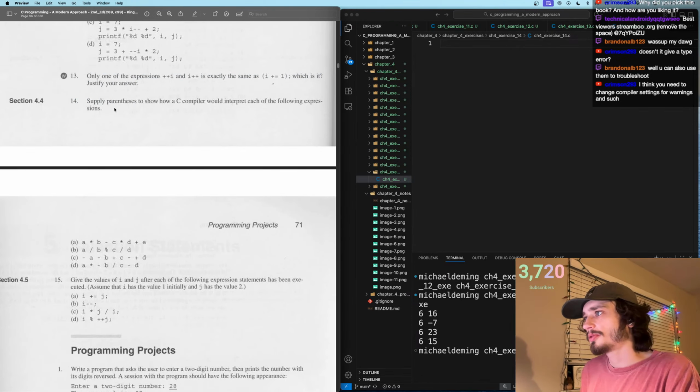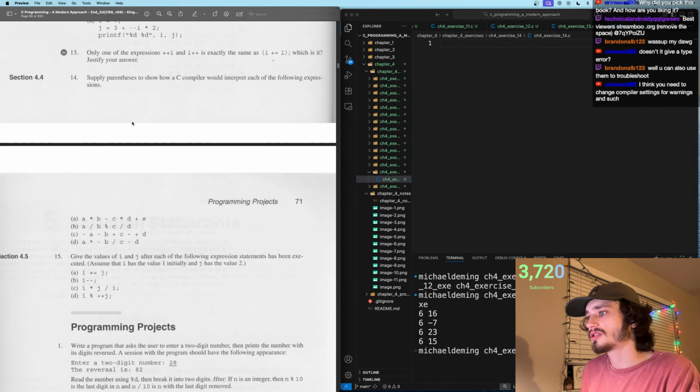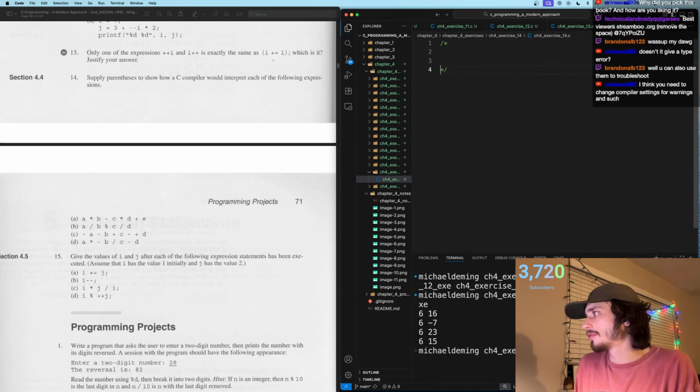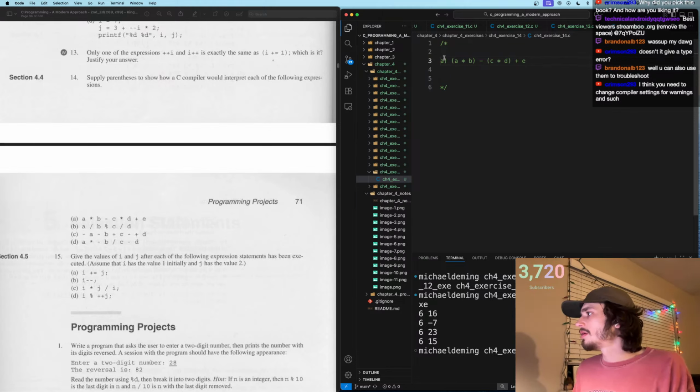Supply parentheses to show how a compiler would interpret each of the following expressions. Okay. Let's do A. So A would be parenthesis A times B minus C times D plus E, and then it'd be like this.